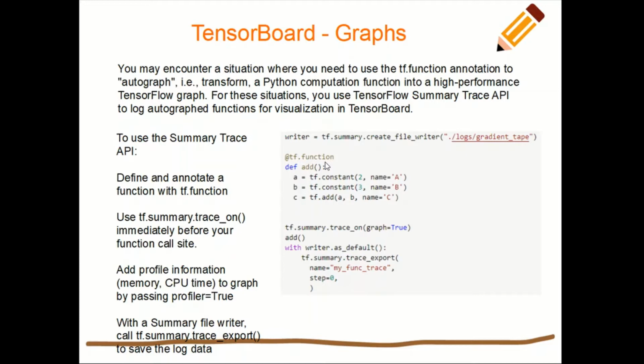Because in TensorFlow 2, eager execution is the default. That means we need to tell TensorFlow 2 what our graph is, and that is why we need to annotate in the code whatever graph we want to capture. Here is one small function that we are annotating with tf.function, and this is the graph that we are creating.